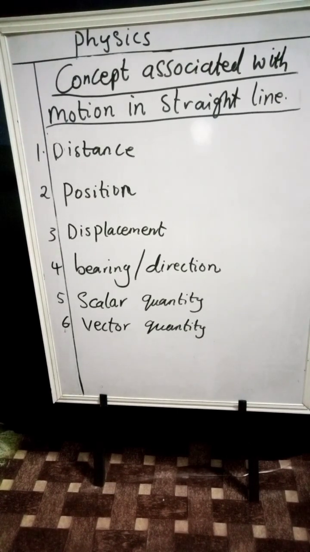Position. The position of a body in space can only be described with reference to a known position of another body. To do this, we have to draw two lines that are perpendicular to each other at a point O, called an origin, such that OX and OY will be the axes of reference.